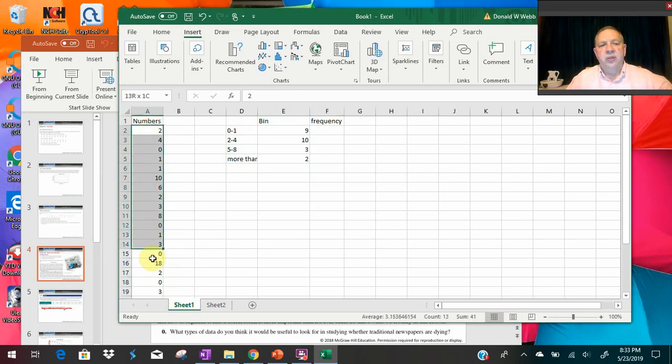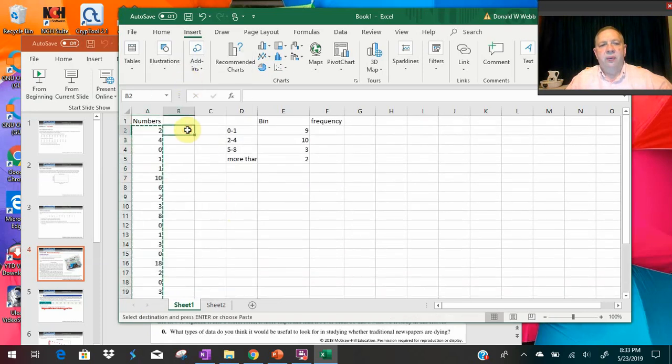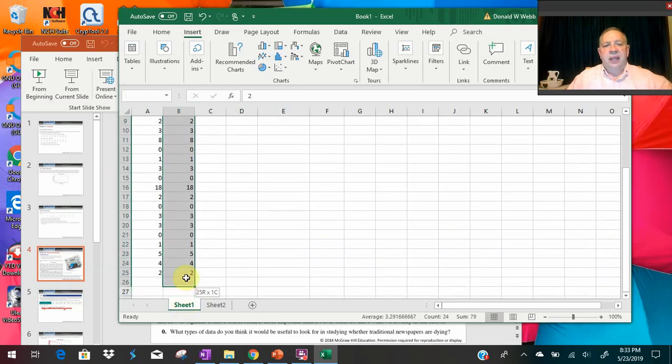So basically, I'm going to keep the data like it is. Right-click, copy. I'll go back here right beside it and paste them as values. Now I'm going to select this data, and I'm going to let Excel sort it for me.